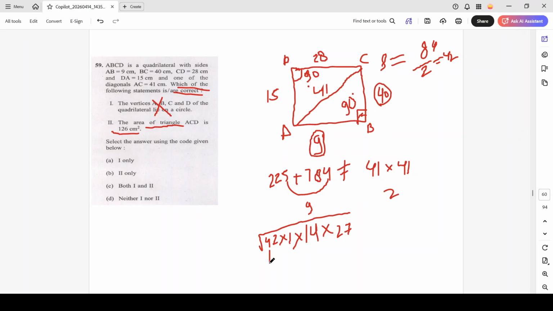So we see 42 will break into 14 into 3, so from here we can take out 14 as common, and from 27 and 3, this becomes 81. 27 times 3 is 81. That means 9 will come out of it, and the area will become 14 into 9, that is 126. That means statement 2 is absolutely correct. So here only 2 is correct.